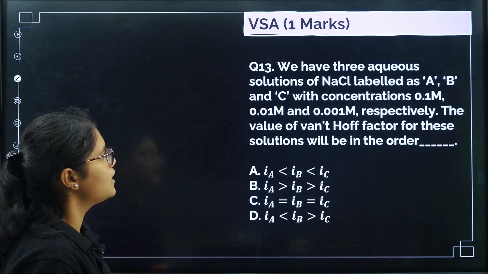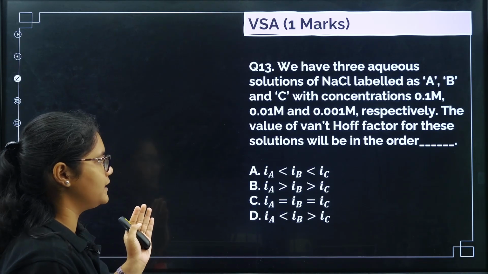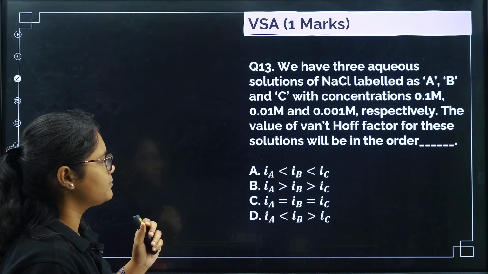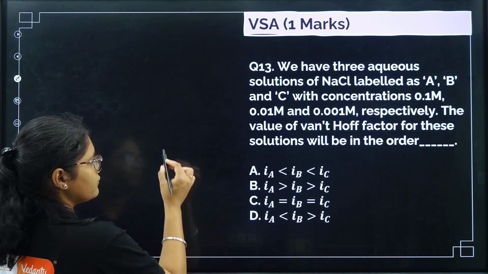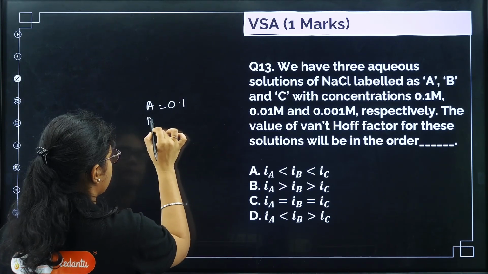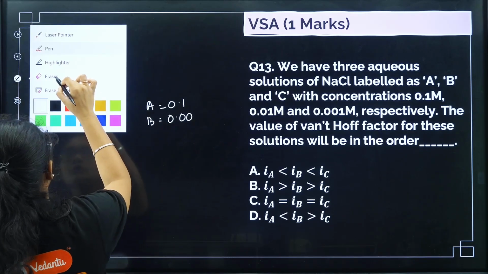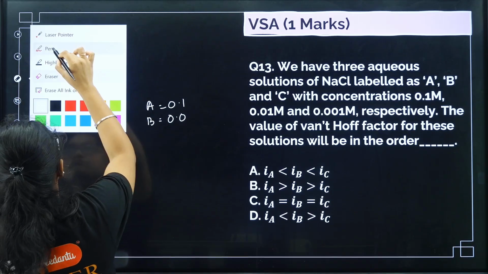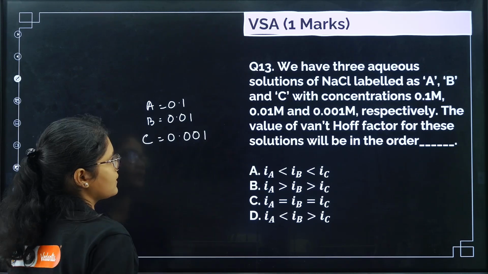Now next question. We have 3 aqueous solutions of NaCl labeled as A, B and C with concentration 0.1, 0.01 and 0.001. So we have A concentration 0.1, B concentration 0.01, and C concentration is 0.001.